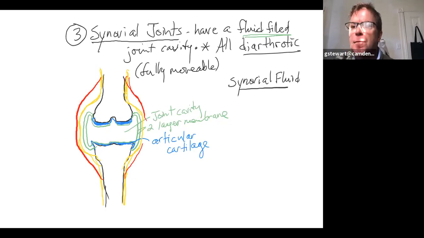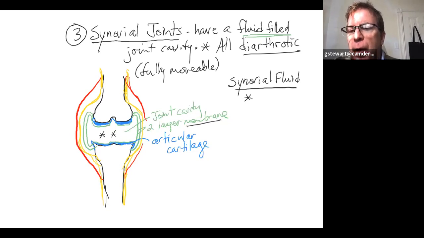Where this fluid comes from in the center, I'll put a star. So we find synovial fluid in this space. It is secreted by cells in the inner membrane layer, as well as coming from blood plasma that leaks out of the capillaries. So this area is very rich in blood vessels. I'm drawing these little capillaries going in. And capillaries even make their way into this space.